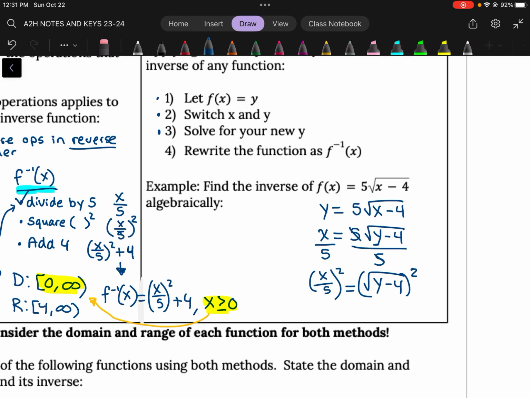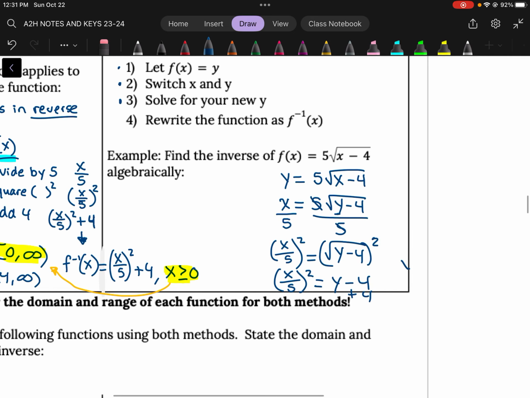Then we square each side, right? So we have x over 5 squared equals, now that undoes the square root part. So we squared each side, and then the last step would be to add 4. So it actually is the inverse operations in the reverse order to solve for your new y.